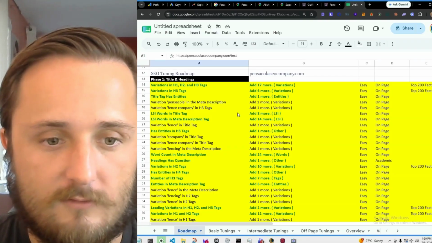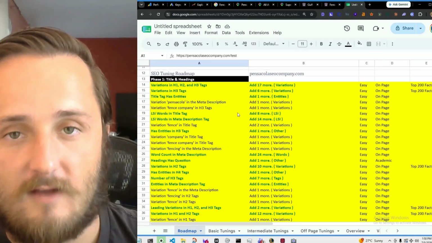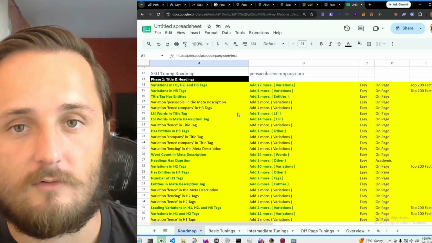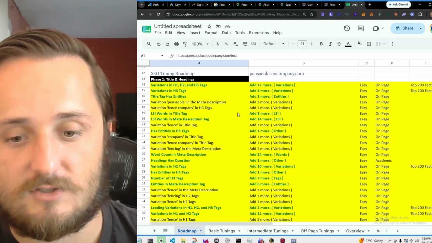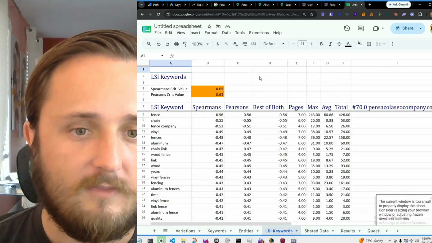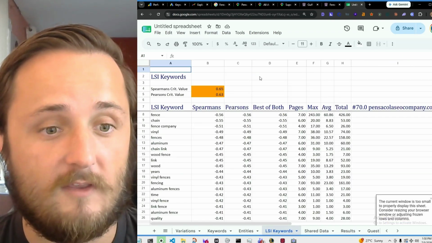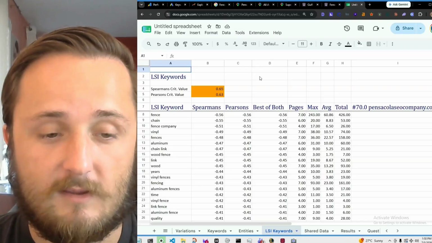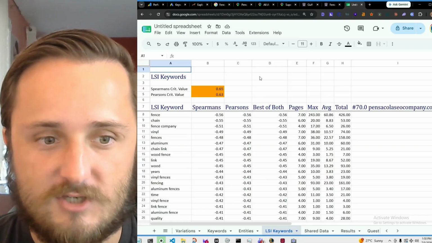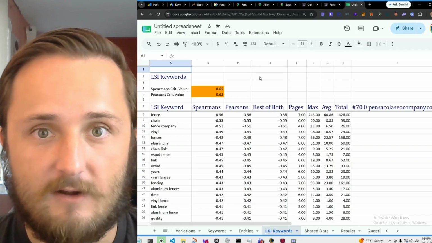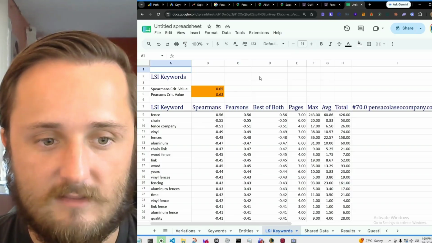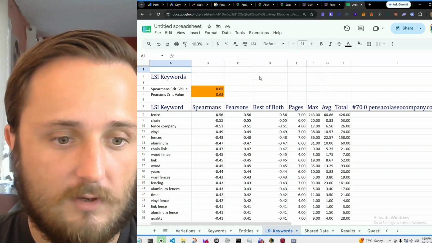And what LSI words are, whenever you talk about a topic, it's the common words that would be used in association with that. So the LSI words that I would use on this page are what we can see right here. We've got fence, chain, fence company, vinyl, fences, aluminum, chain link, wood fence, link, wood, years.